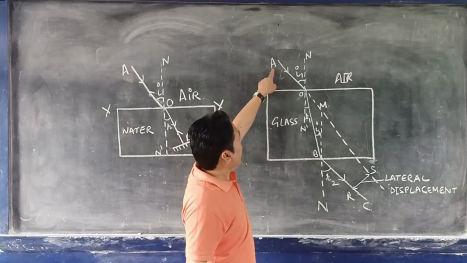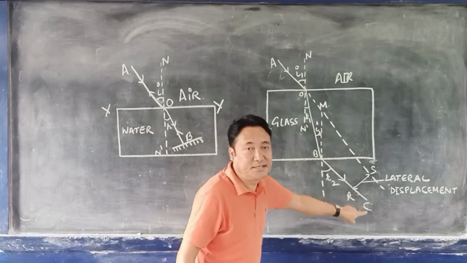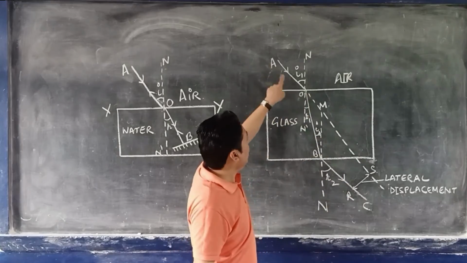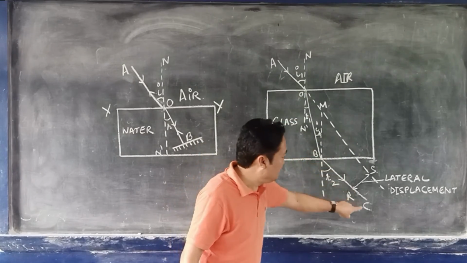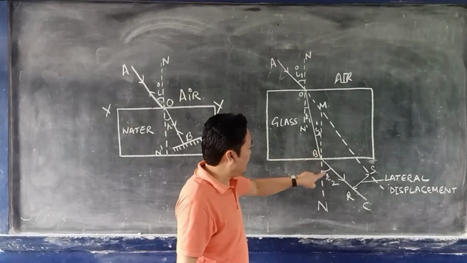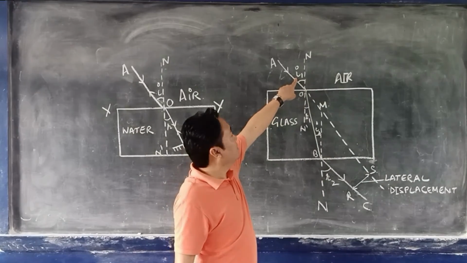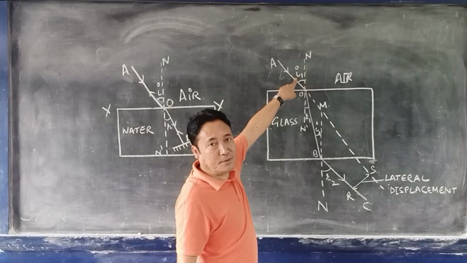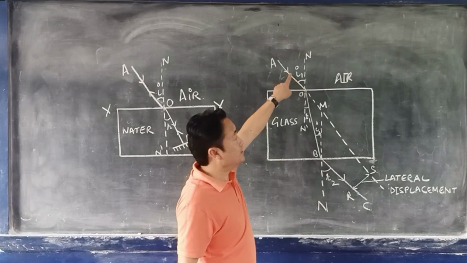Okay, and the incident ray AO is parallel to BC. Again the next point, the incident ray AO is parallel to the emergent ray BC. Then the angle of emergence R2 is equal to the angle of incidence, that is I1. That means the angle of emergence is equal to the angle of incidence.